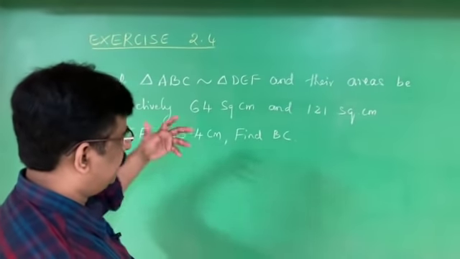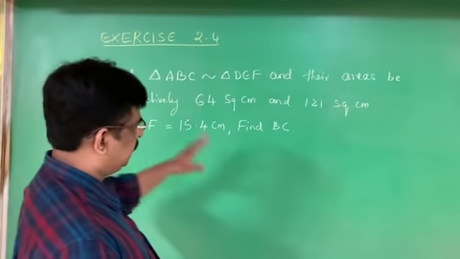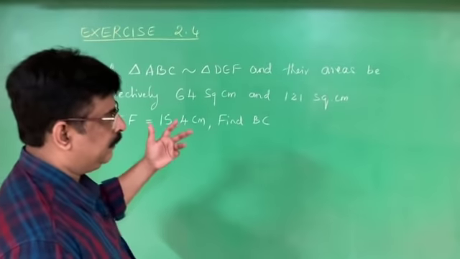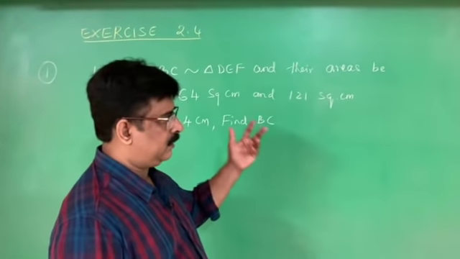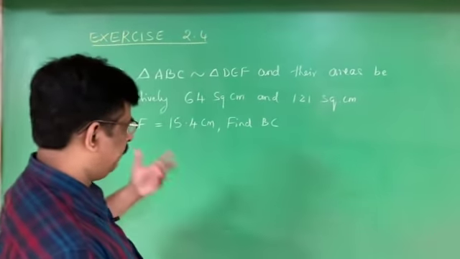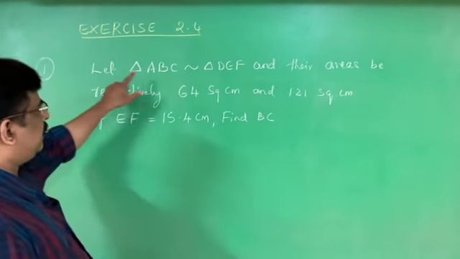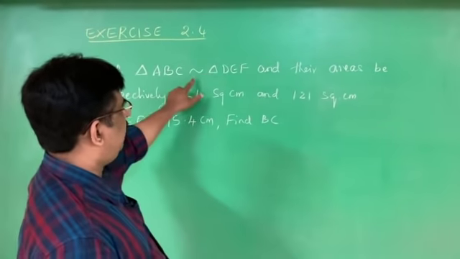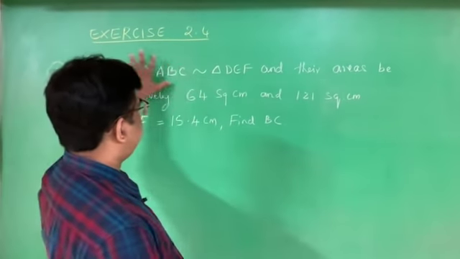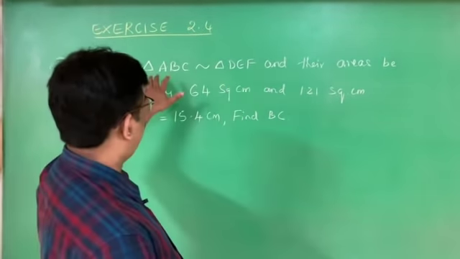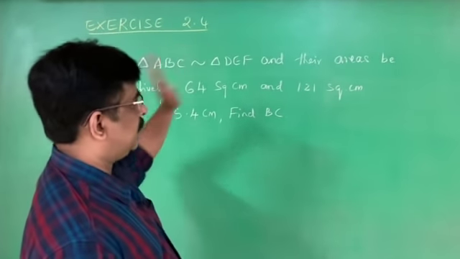The problems of this theorem are much easier when we compare them with the problems of Thales theorem or AAA similarity criteria. Very simple problems. The first problem is: let triangle ABC be similar to triangle DEF. This means the triangles are similar, so there is no need to prove it.